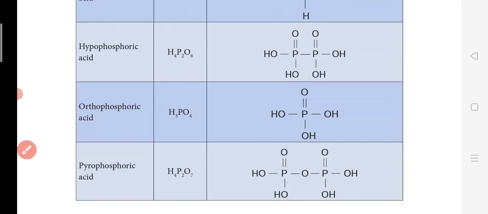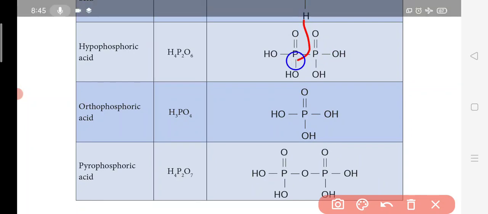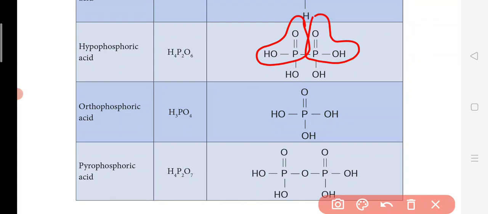Clear? Next is H4P2O6. P2 means definitely you have to put P bond P. Then each phosphorus will have double bond O and OH, and the remaining hydrogen and oxygen should be paired as OH. Clear?